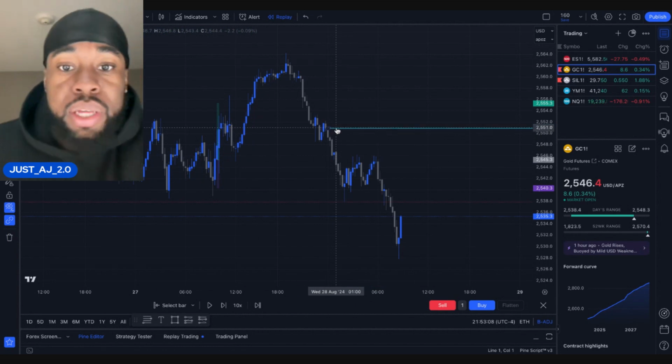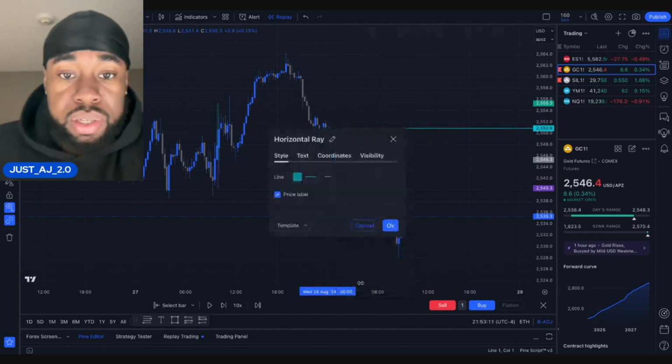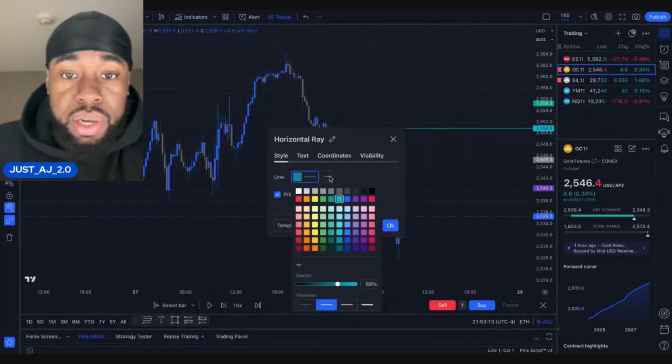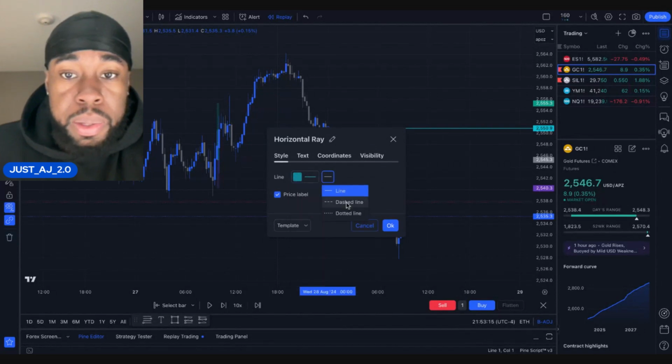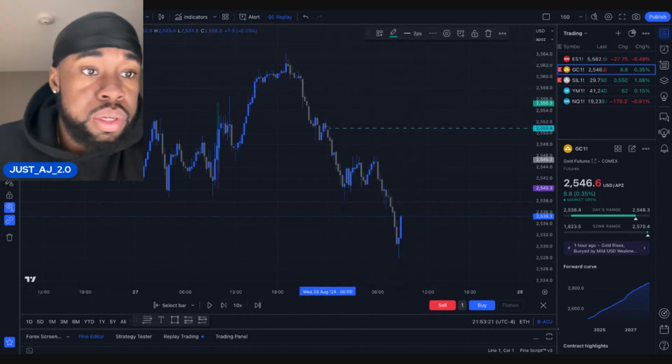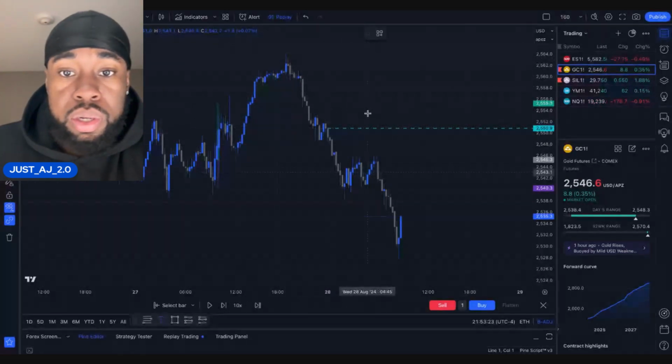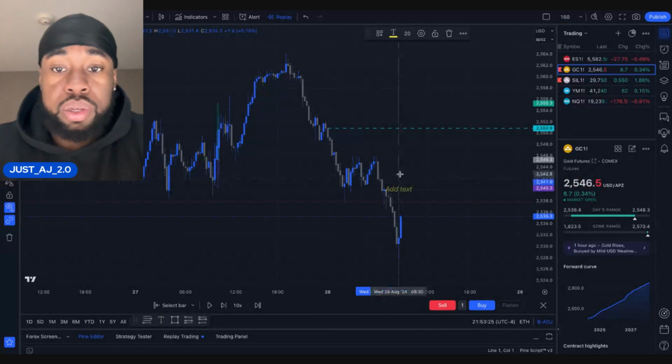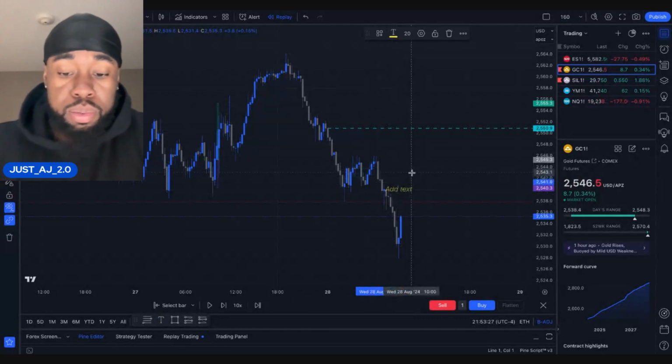And then let's make this dashed. Let's make this a dash line. Okay. Then we want to label this. This is going to be the midnight open.